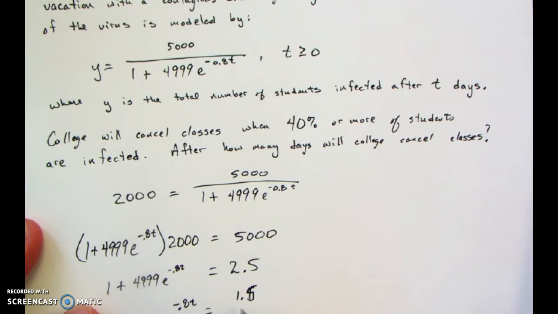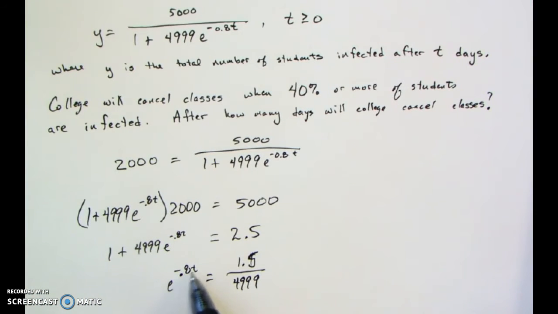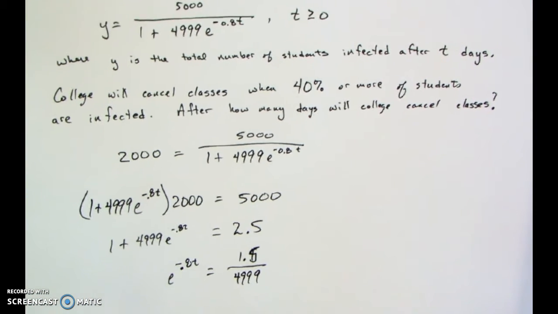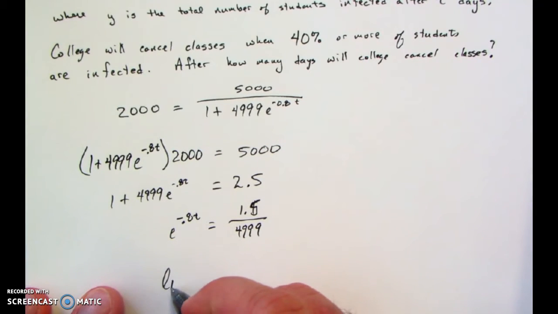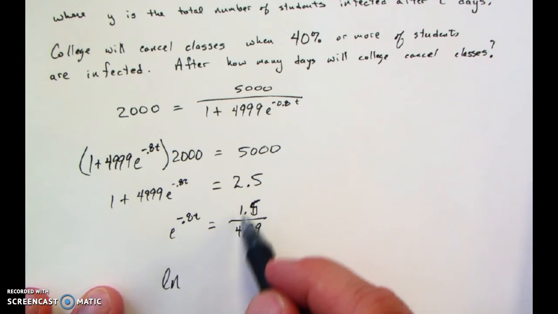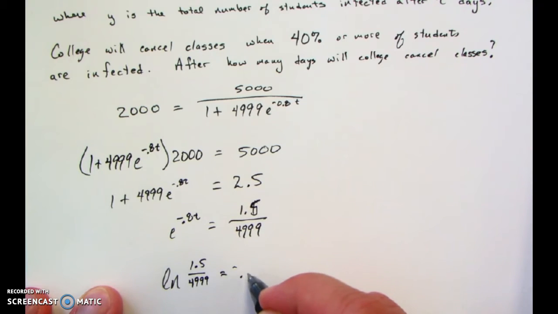And then I'm dividing by the 4,999. Now again, we have a variable within our exponent, so we're going to need to use a logarithm to solve. Our base is e, so that's going to be natural log. Natural log of our 1.5 divided by 4,999 is going to be equal to the negative 0.8 times t.